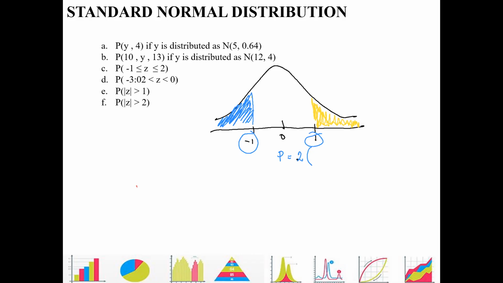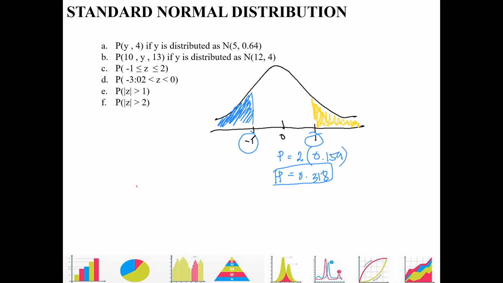That is 0.159. So twice lang yan, that is ang sagot 0.318 po. 0.318. Same goes with absolute value ng 2.